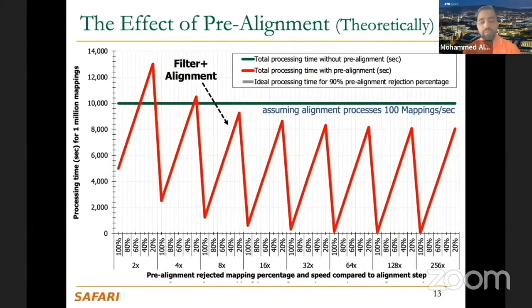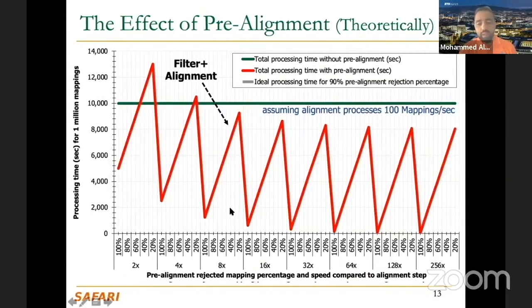Again, we have the execution time for filtering the entire data set, which is 1 million pairs. And remember, the filter is 2x faster than the aligner. So we need 5,000 seconds just for filtering, plus whatever the execution time of the aligner is for the 80% of the pairs. This way, we are increasing the execution time because we add an overhead for the filtering and we reject only a minimal number of pairs.